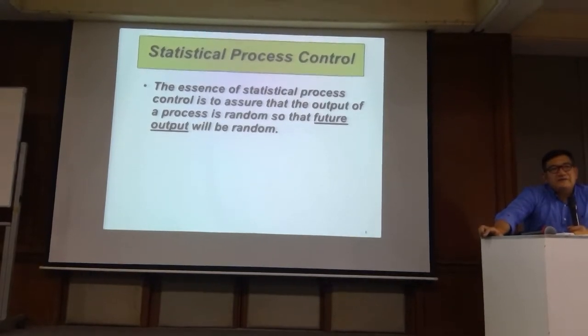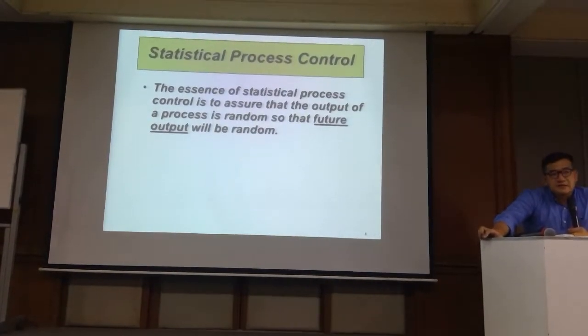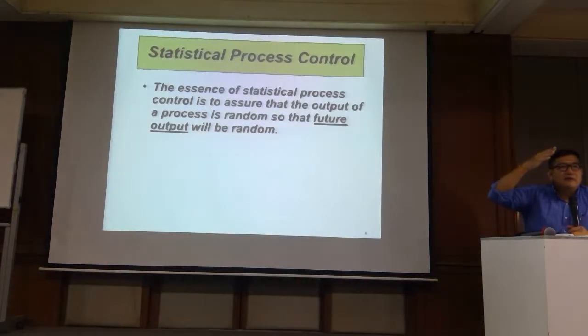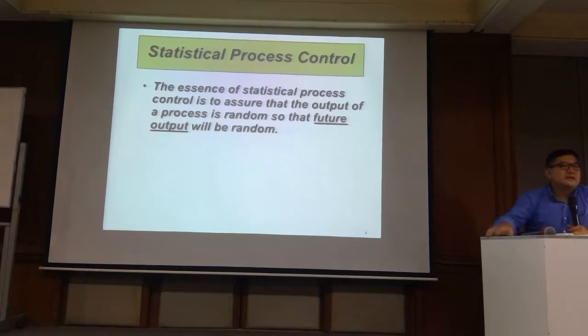But if you have assignable variation in the process, the output is going to have something we call a pattern, something that is not normal. Maybe you have a pattern of trend or a pattern of bias. I will talk about this later.